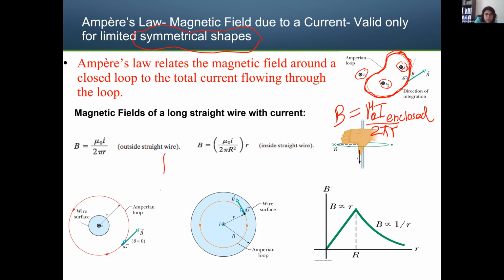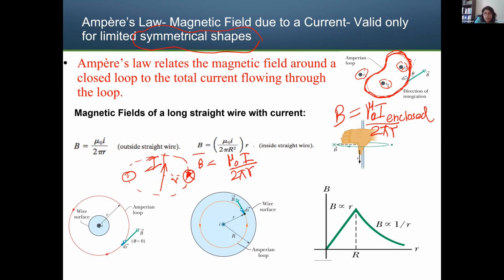If I have a current carrying wire I, and your point of interest is here, then you're going to calculate the magnetic field going inward, outward, at distance R. Then this B will be equal to, your loop is this one, this is the closed loop you're going to select. Then you have mu naught times the current inside, which is I, and you're going to divide by the circumference of that loop, 2 pi R.